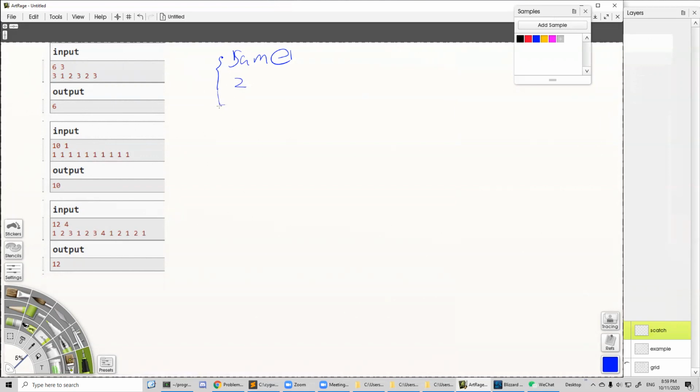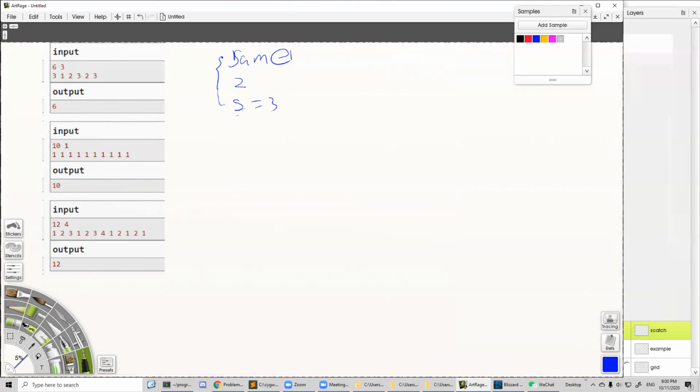Actually, there is another constraint, that all of the buses' capacity is the same. So let's say we have a bus with three capacity, right? So S here is the capacity of all the buses.